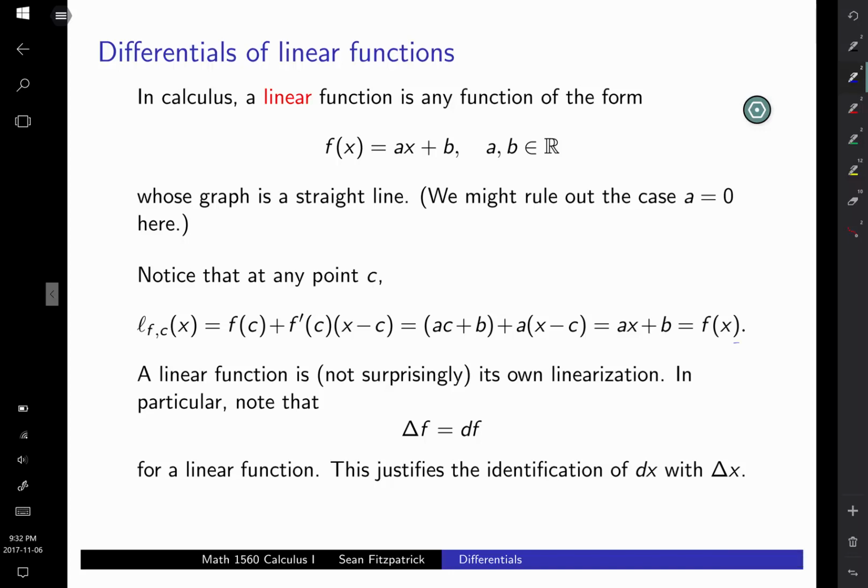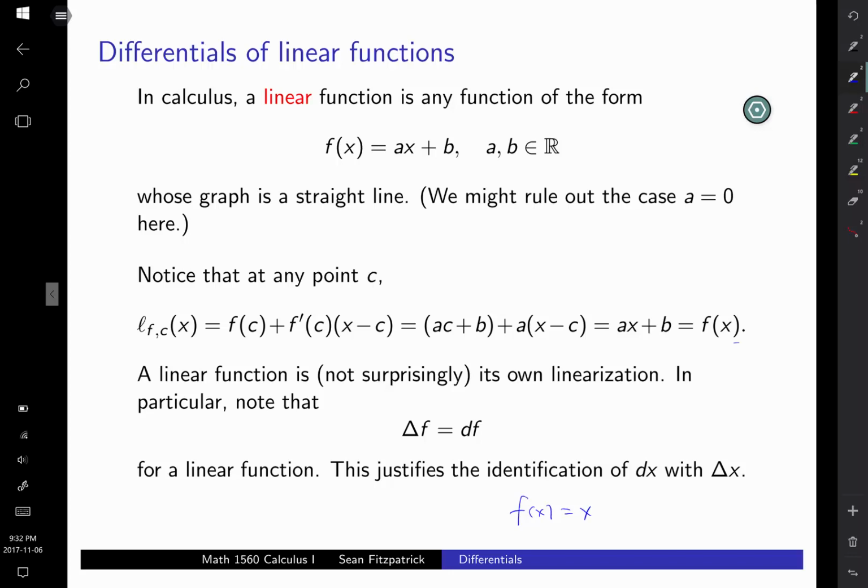And so what we were saying is that normally delta f is approximated by df, but here delta f equals df, because nothing happens when we linearize. In particular, if you take the function f of x equals x, then you do in fact get that delta x equals dx.